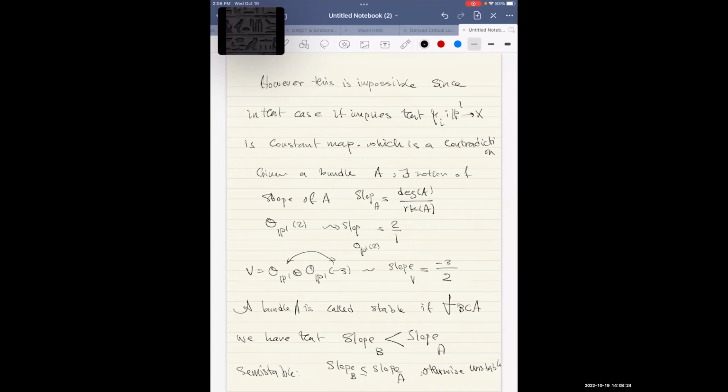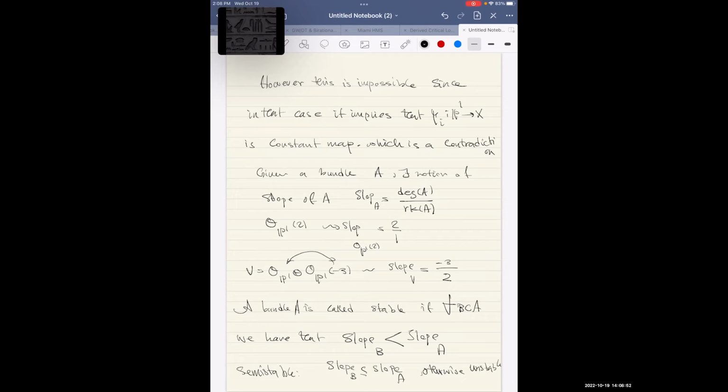Okay, so we have the notion of stability for sheaves as well. Of course, we can define a slope for sheaves as well, but for sheaves, you need to use the Hilbert polynomial of the sheaf to define the notion of a slope.